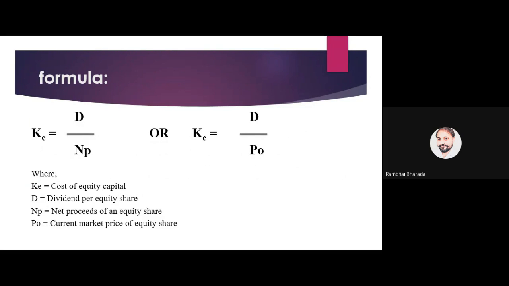Now, write down the formula. The formula is very simple. KE means cost of equity capital is equal to D, where D means dividend per share, divided by NP.